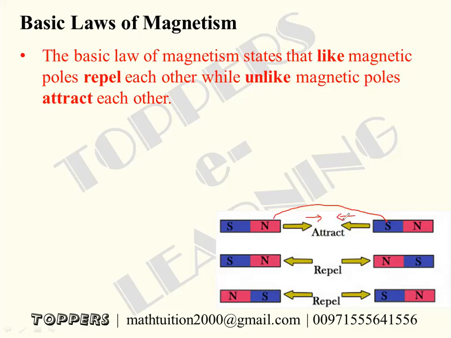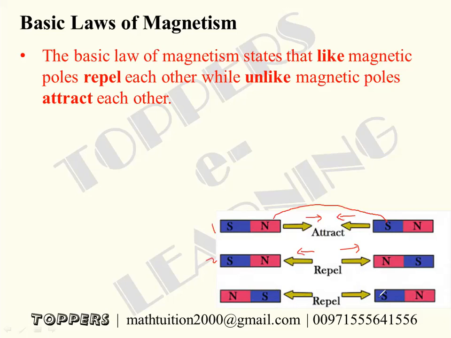Attract each other. Now the second case. Here south and north, here north and south, so north and north are coming face to face. These are like poles. They will repel each other.